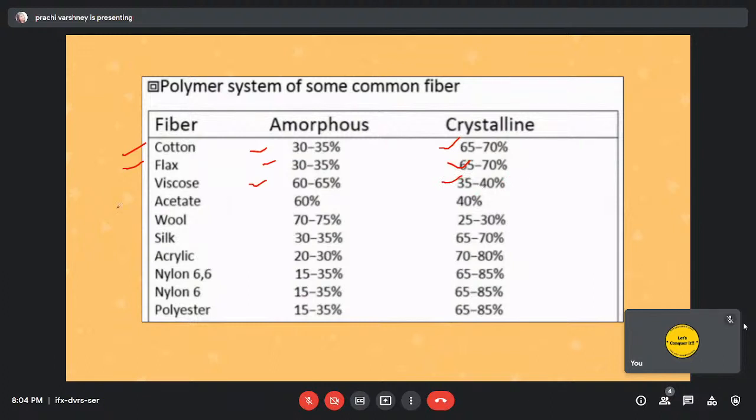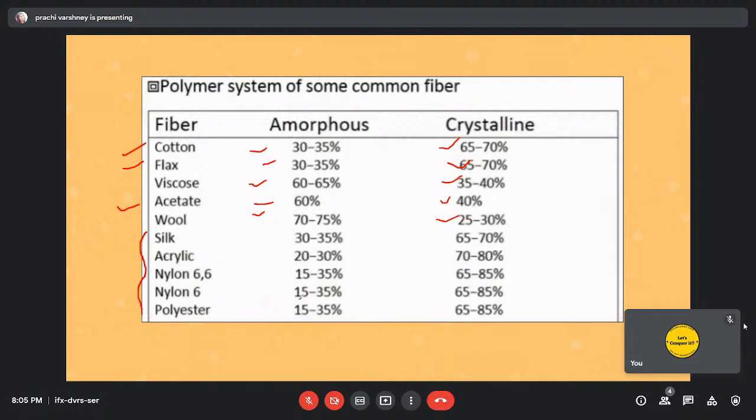Acetate is a synthetic fiber with 60% amorphous resin and 40% crystalline resin. Wool has 70 to 75% amorphous resin and 20 to 30% crystalline regions. So these are different kinds of fibers.